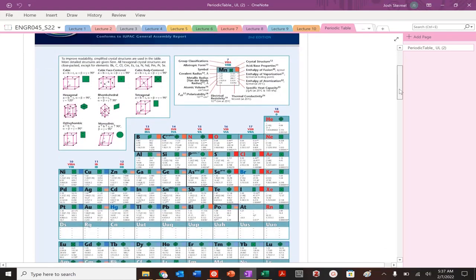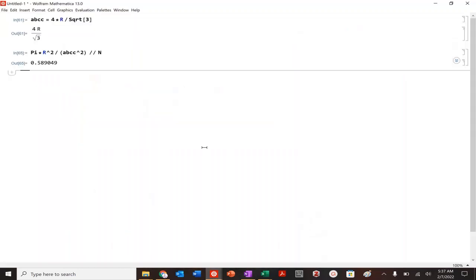So platinum looks to be FCC. So if it's FCC, and then the metallic radius is 1.39. So my metallic radius is 1.39 angstroms.